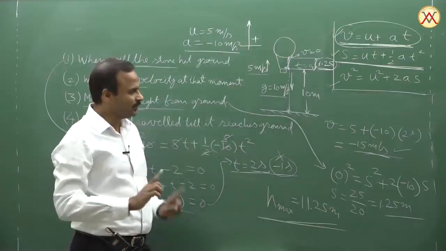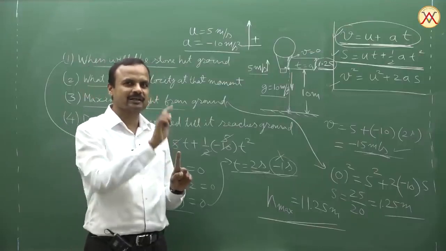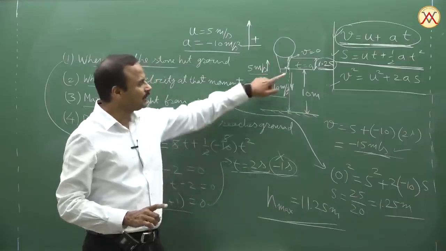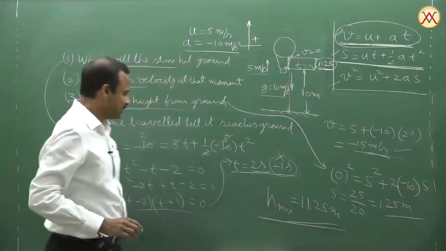So in this case, because the particle is turning, even though it is moving on a straight line, but it is turning at a point and going back, so distance traveled total will be 1.25 upward plus 11.25 downward.